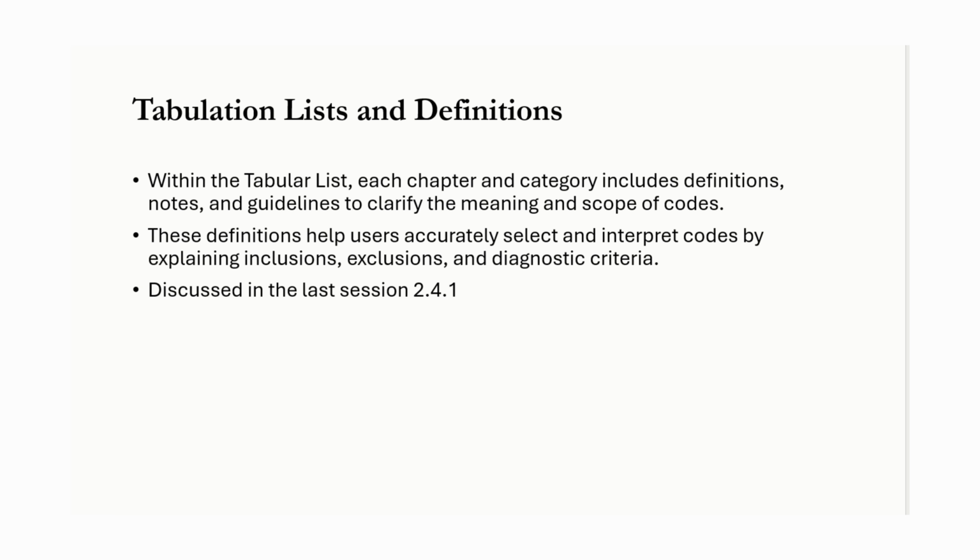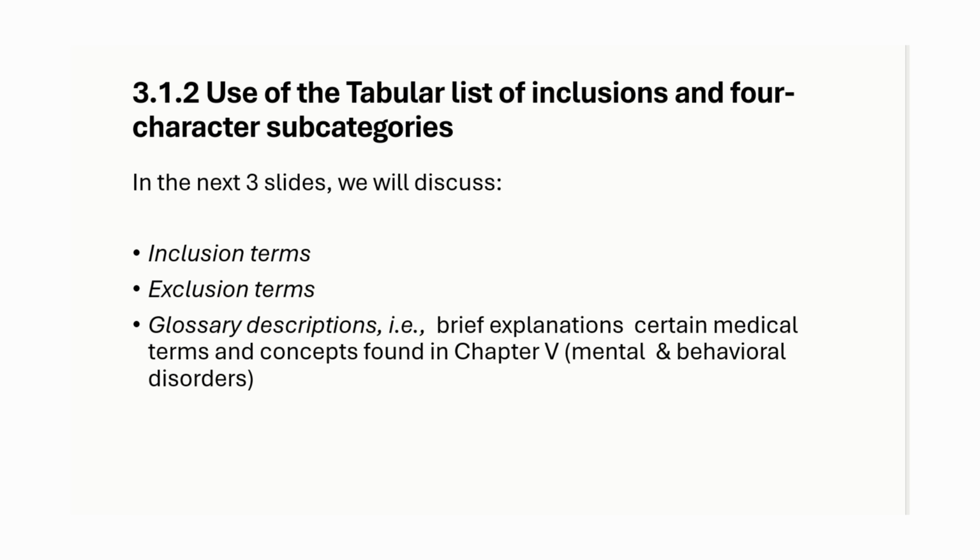Within the tabular list, each chapter and category includes definitions, notes, and guidelines to clarify the meaning and scope of codes. These definitions help users to accurately select and interpret codes by explaining inclusions, exclusions, and diagnostic criteria.